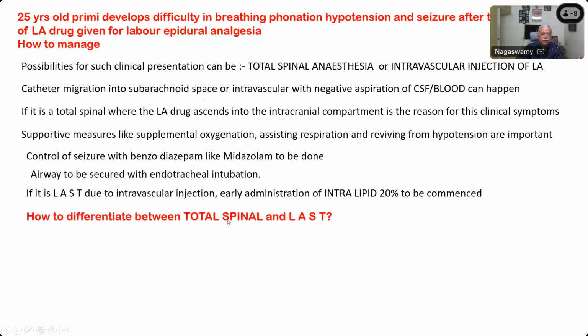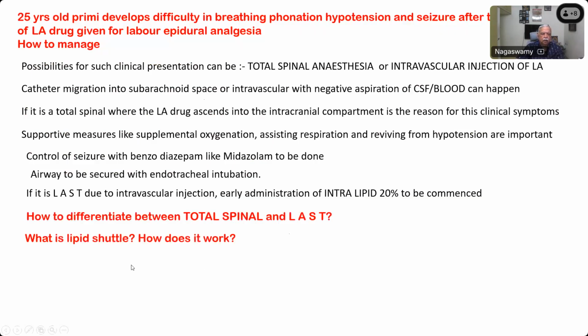How to differentiate total spinal and LAST is mainly by the unresponsive bradycardia in LAST to vagolytics, versus responsive bradycardia in total spinal. Definitely total spinal patients will immediately pick up the heart rate if you give atropine, whereas LAST patients will not respond to atropine.